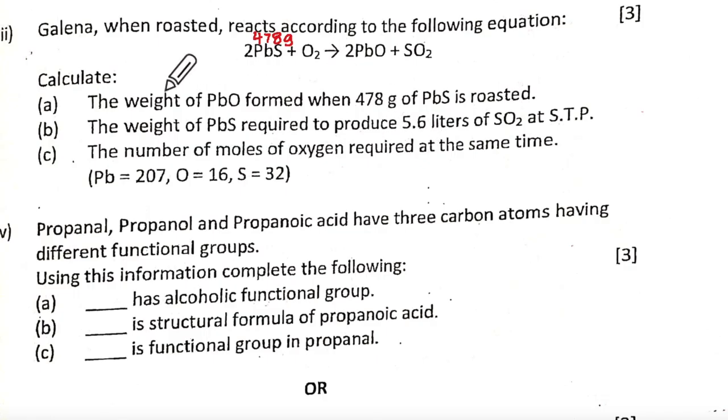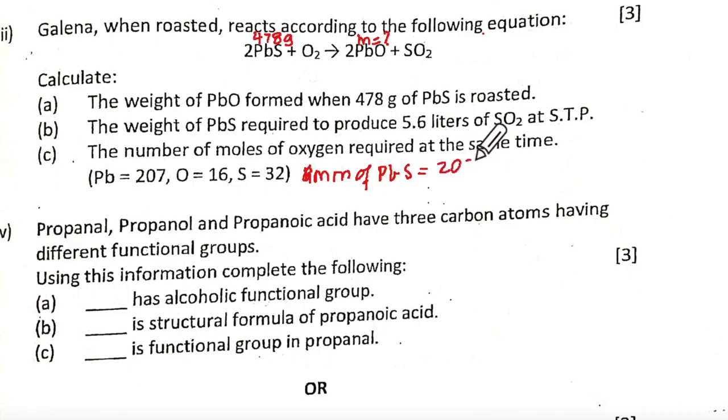You have to find the weight of PbS required, going to be a little difficult to put both the things together in one reaction only. They are saying you find the mass of this, okay? So if there are masses involved, what I will need is the RMM, or rather GMM. GMM of PbS I'll have to first find, correct?